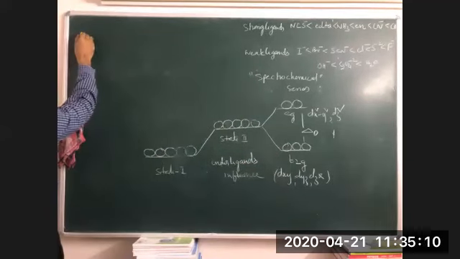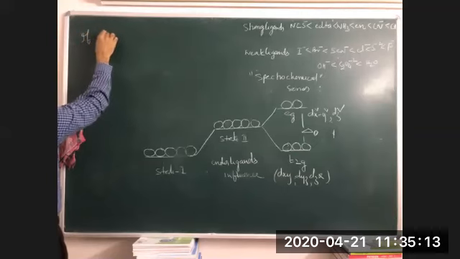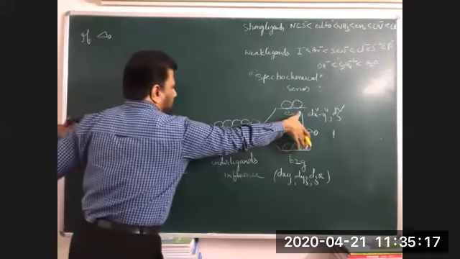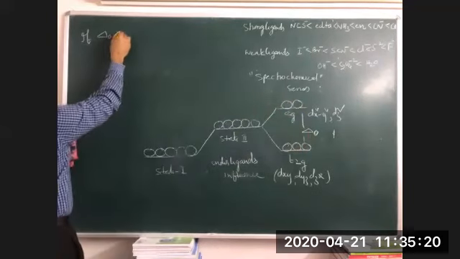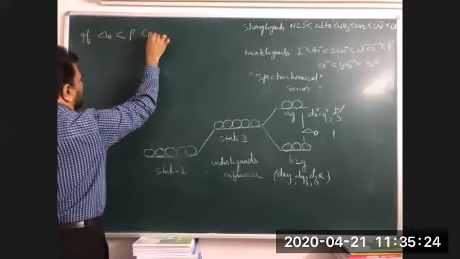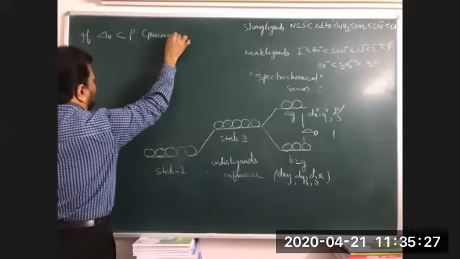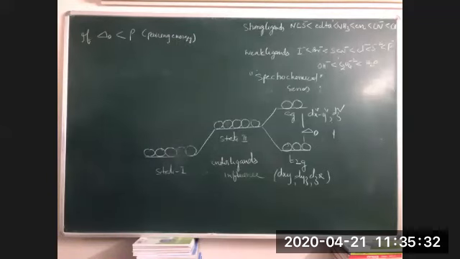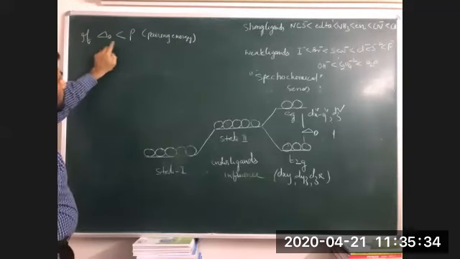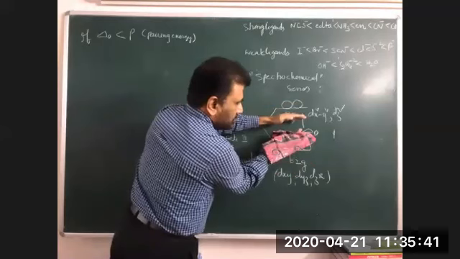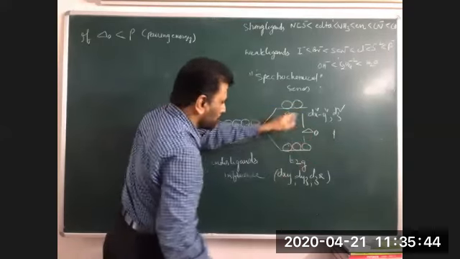Now, if delta O, the octahedral splitting, is less than P, where P means pairing energy, then the octahedral energy gap is less compared to the pairing energy.